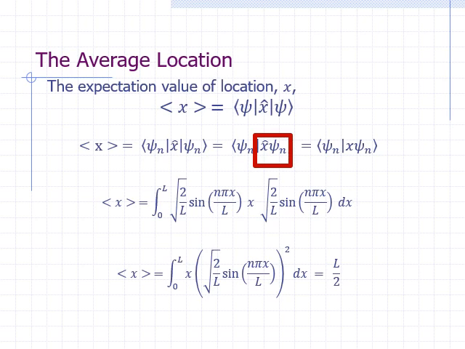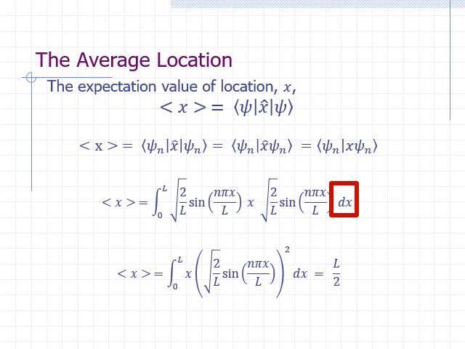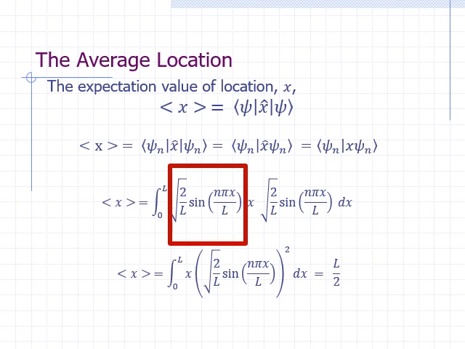It multiplies the function it is applied to by x. In standard math notation, we can write this integral as integral from x equals 0 to L of psi sub n star times x times psi sub n dx.